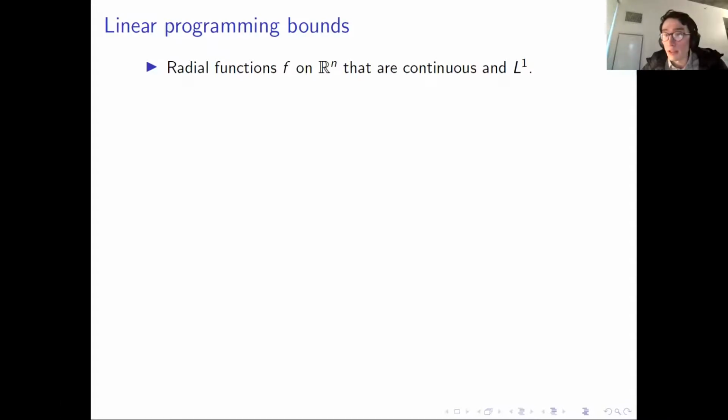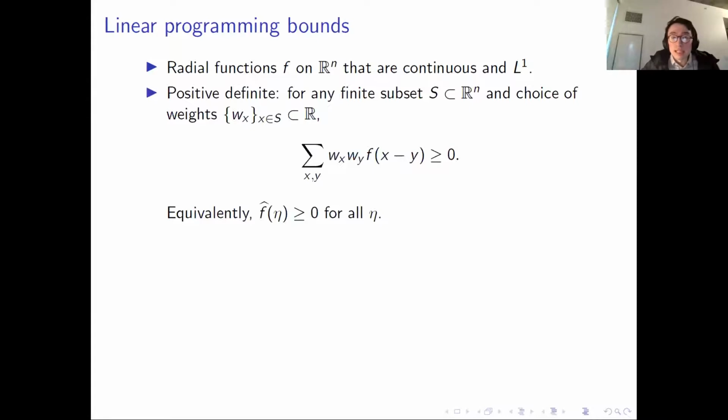And the space of test functions that we'll use for linear programming are radial functions that are continuous in L1. We need to cut out a cone inside this infinite dimensional space of functions spanned by positive definite functions. So there are a few equivalent characterizations of positive definiteness. The one that's most useful to us is non-negativity of the Fourier transform.